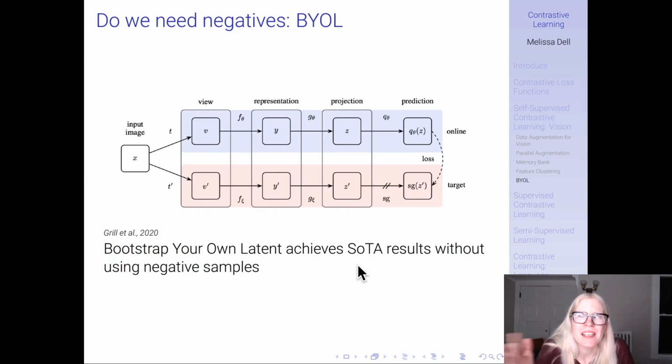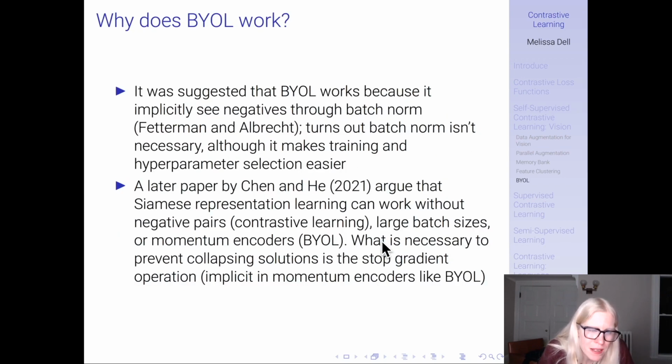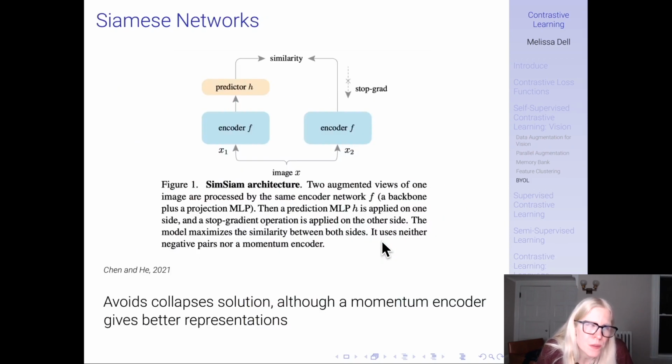And so it just doesn't get to the collapse solution where they're both outputting, say, a uniform vector, because it's updating very, very slowly as the online encoder moves. And so it just doesn't have a chance to get to that collapse solution that would cause problems with optimization.